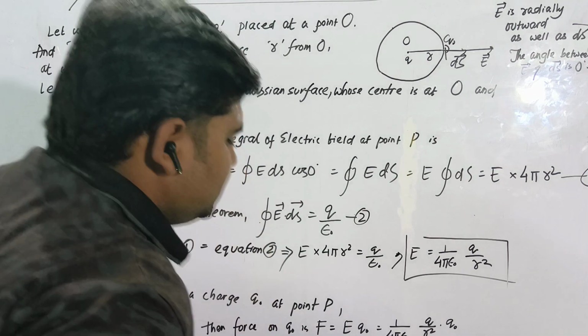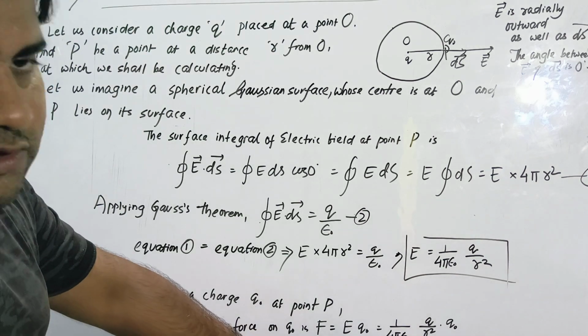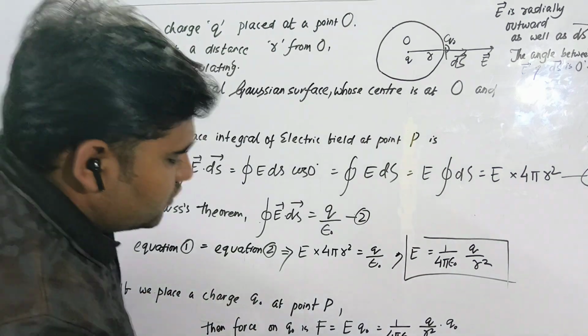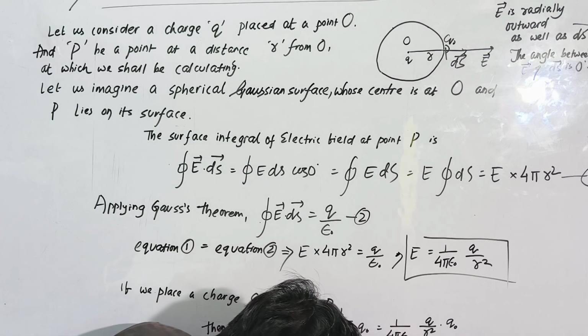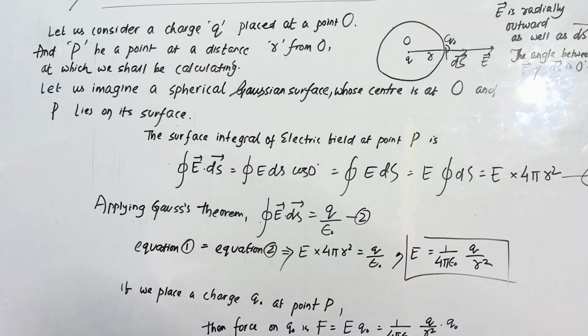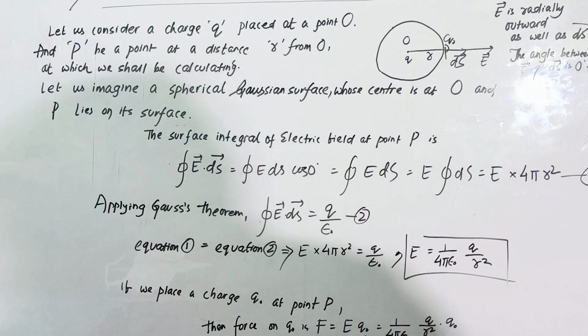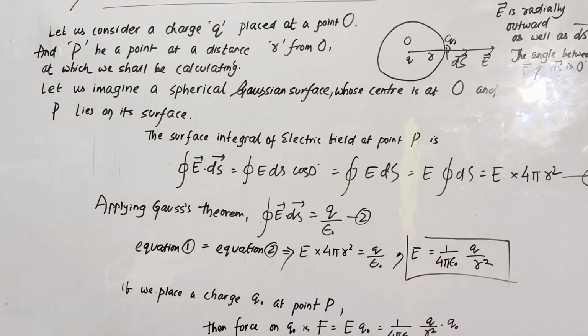This is your Coulomb's law. You can actually observe this from here. So you can actually derive Gauss law from Coulomb's law. I think it is visible to you. Sorry.